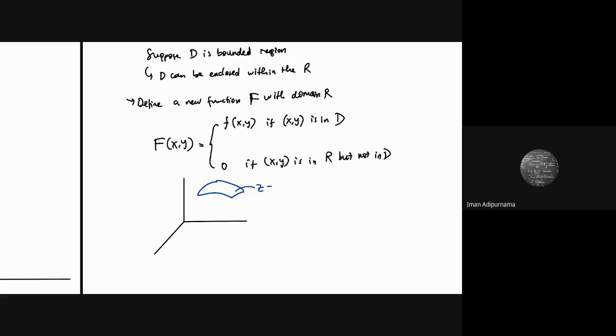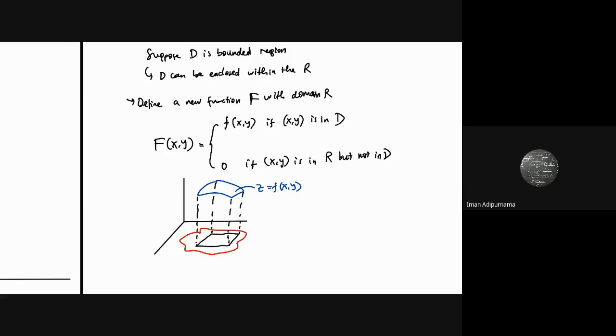So if this is the surface of z, and let's say this is our graph here, we will have a projection of the surface.